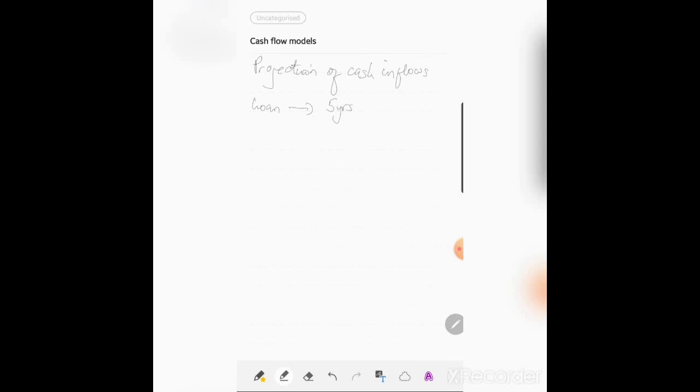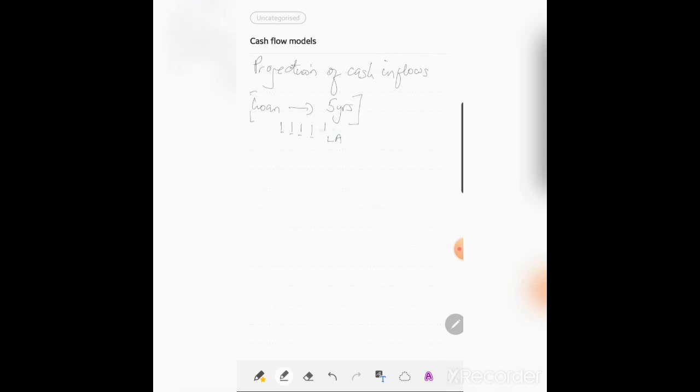As per that loan agreement, every year at the end of the year, the borrower has to pay some interest. And at the end of 5 years, along with the fifth interest payment, he has to give back the loan amount. So this is what we call a financial transaction.